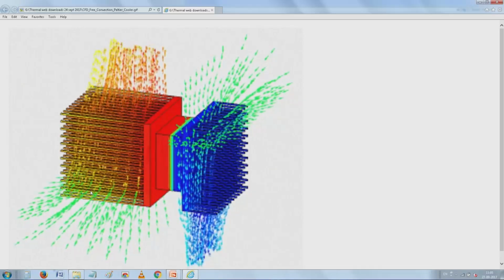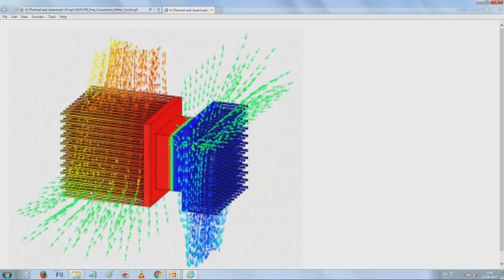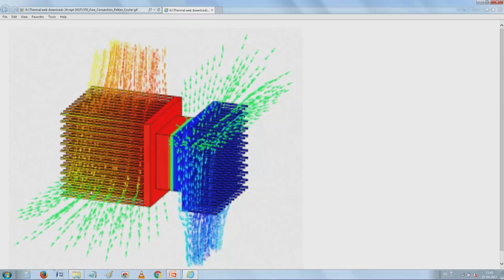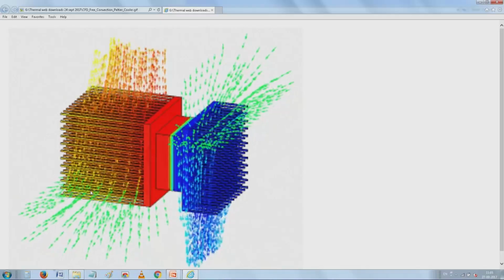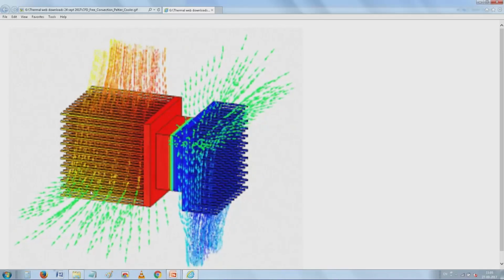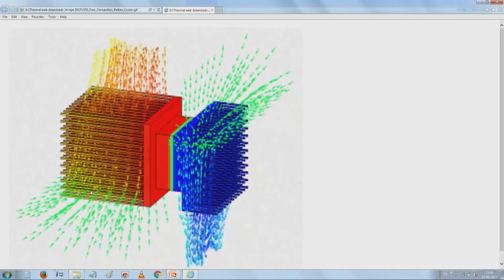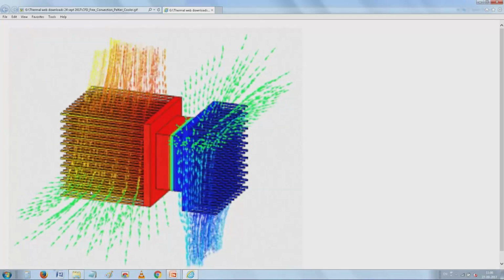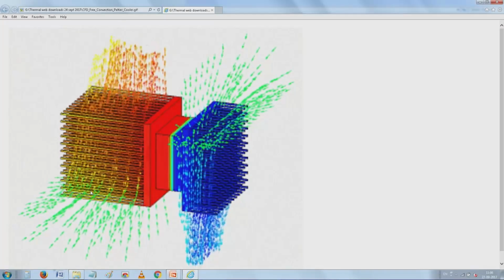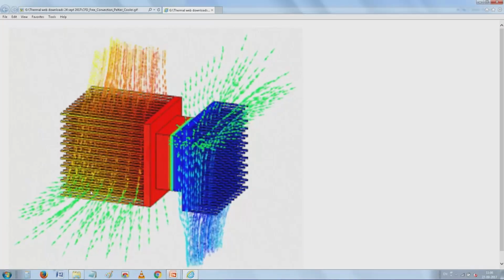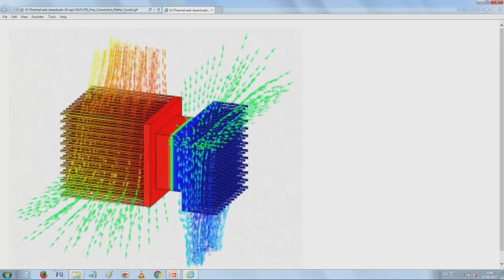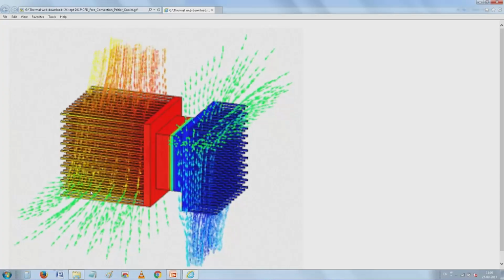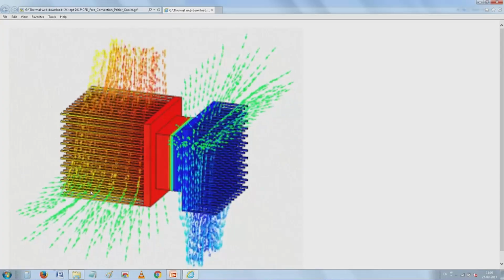No, the left side is a pin fin heat sink, which is trying to extract heat from, I think, one surface of the Peltier module, and you see it is kept red, saying it is hot. On the other side, the blue shows the same thing. Again, heat is being exchanged to another medium.